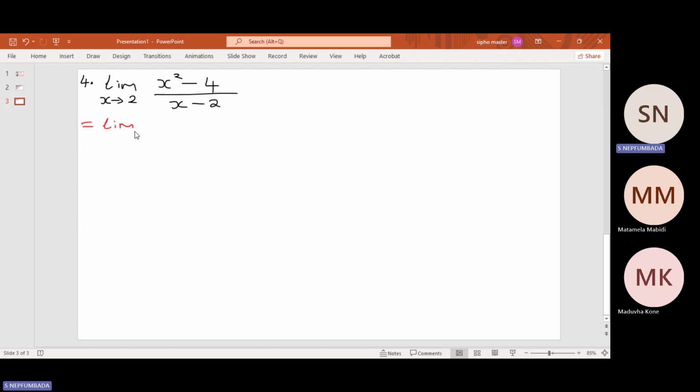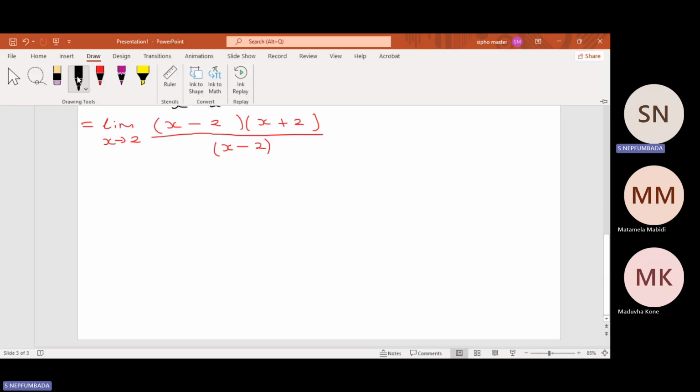Don't forget to write your equal sign. This is the limit of x approaching 2. On top, we know that this is nothing but the difference between two squares: x squared minus 2 squared. Are we good? Then it is x minus 2 and x plus 2.